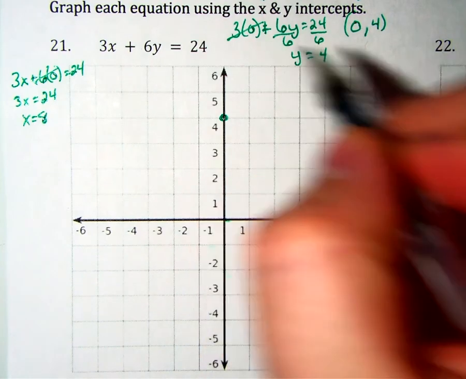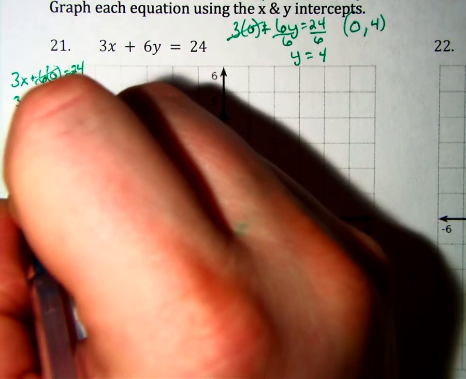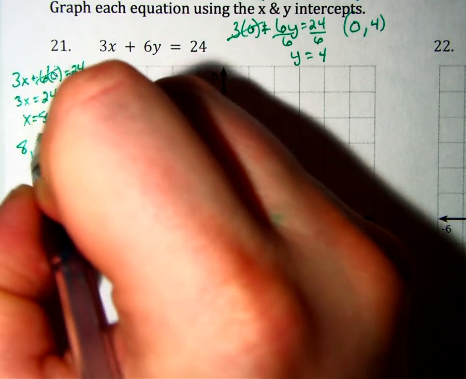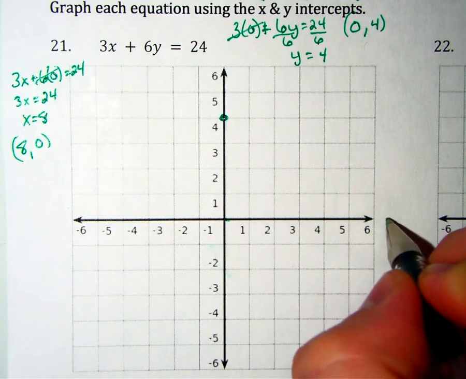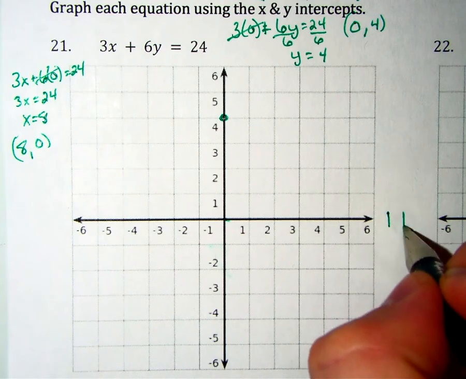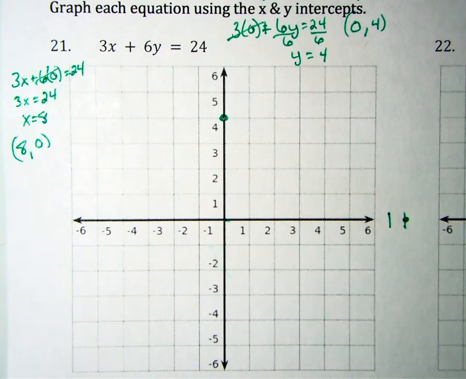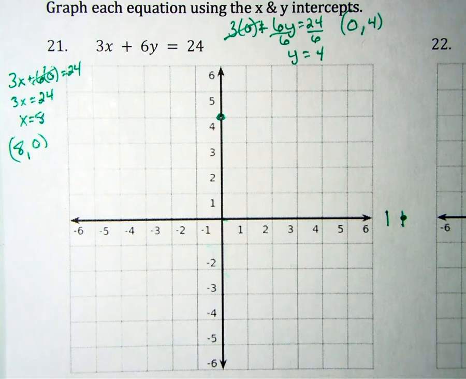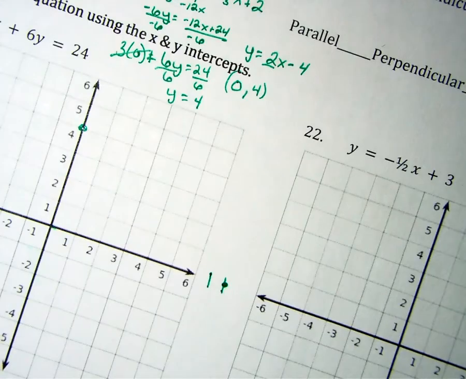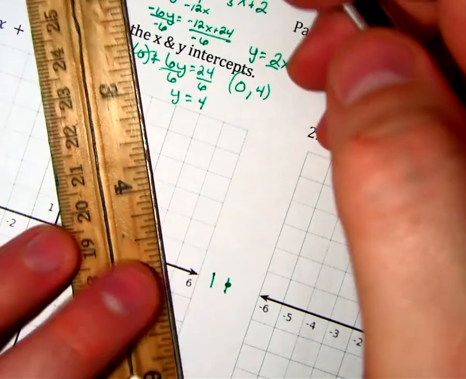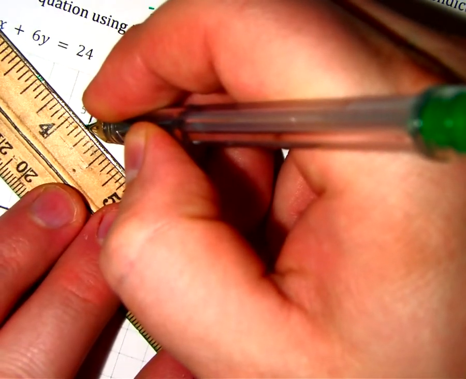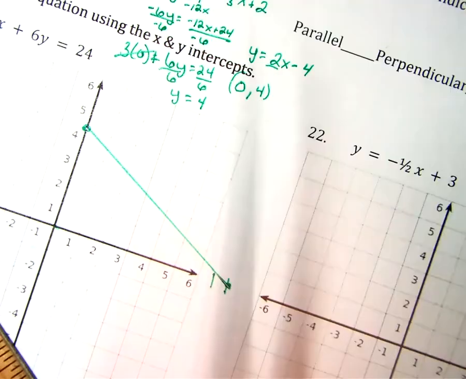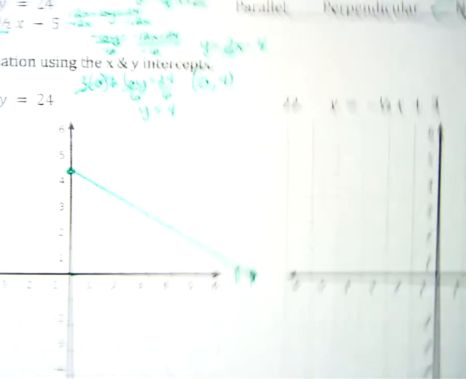Now, that gives me an x value of 8 when my y value is 0. So I go over 6. We can tell it's not going to fit on the graph, so I'm going to go ahead and say 7, 8, and draw my dot. And we can pull out our ruler, connect the dots, and we end up with a line.